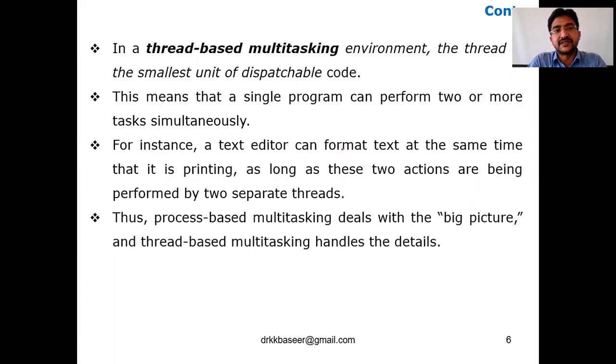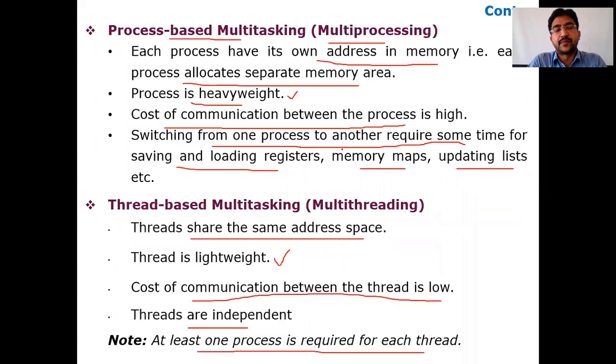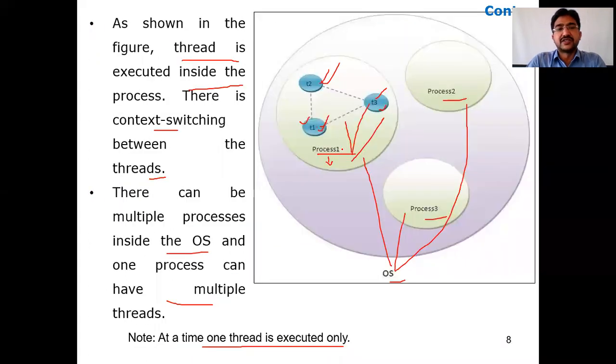Thread-based multitasking means a single program can perform two or more tasks simultaneously. Process-based multitasking is also called multiprocessing. Thread-based multitasking is also called multi-threading. Okay, whereas a process is heavyweight, a thread is a lightweight process, and these are the differences we have seen. So this is about the introduction to multi-threading.